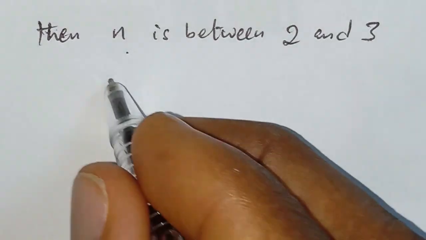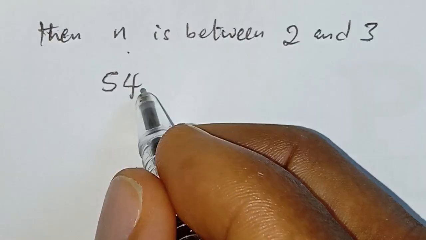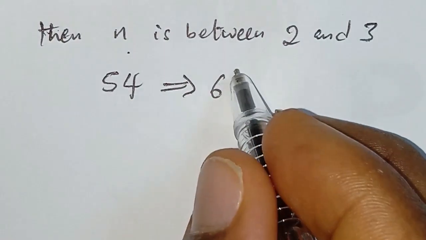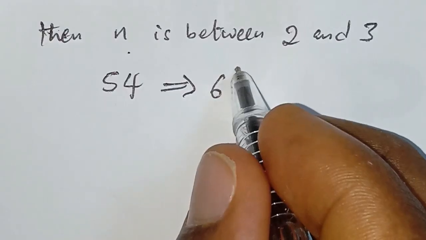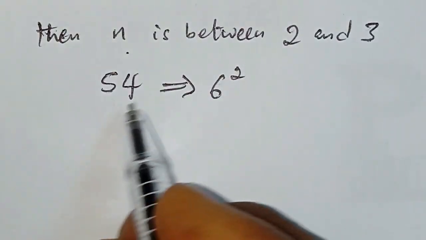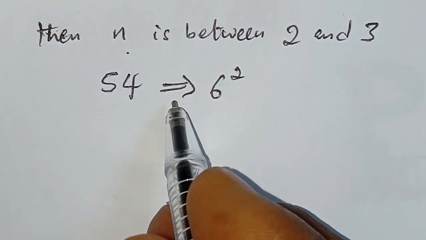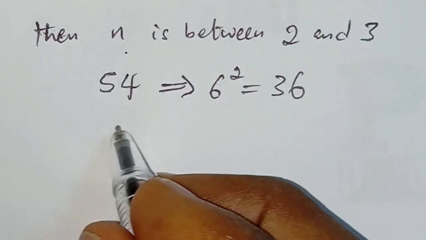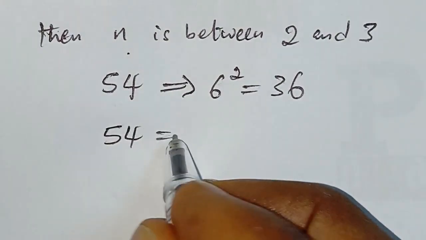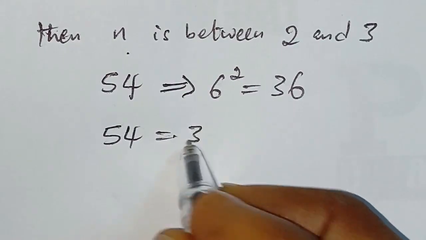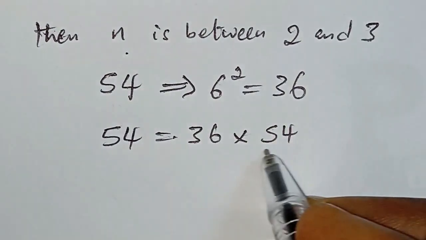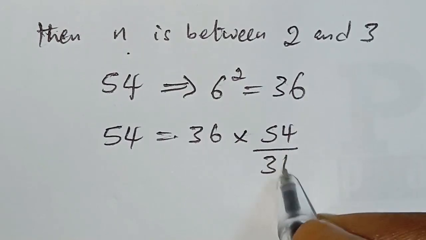Now let's rewrite 54 as a multiple of 6. Then we can say 54 is equal to 36 multiplied by 54 over 36.